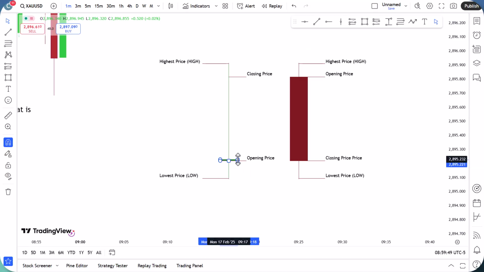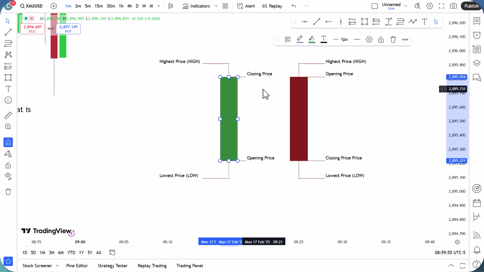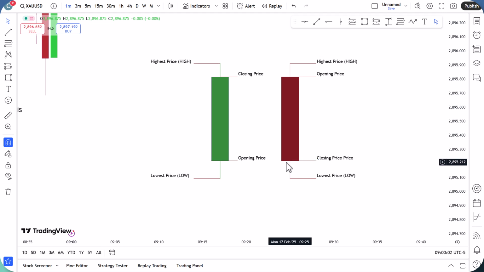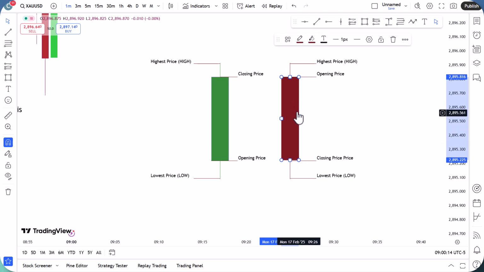If it opens at 500, it goes up and closes at the price of, let's say, 550, 600, 650, whatever price it is, as long as the price is higher than 500, its opening price. Whereas a bearish candle is a candle that closes lower than its opening price. So if this is 600, per se, it goes and closes at around 500, 480, whatsoever the case may be, as long as the closing price is below or lower than the opening price.